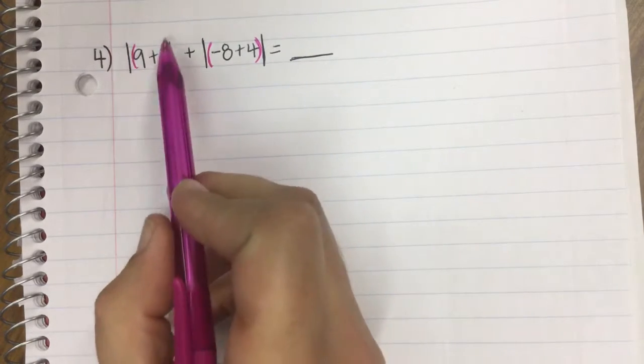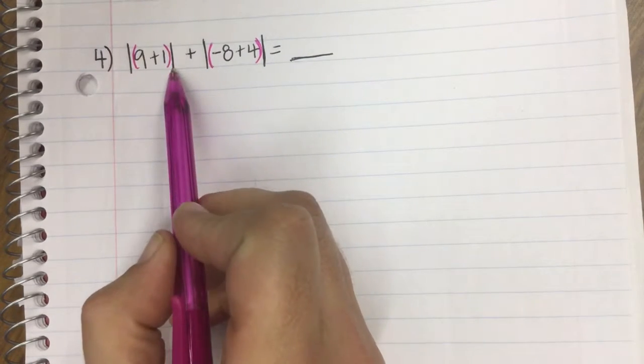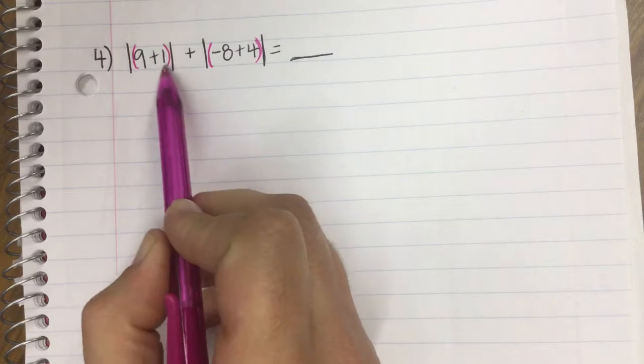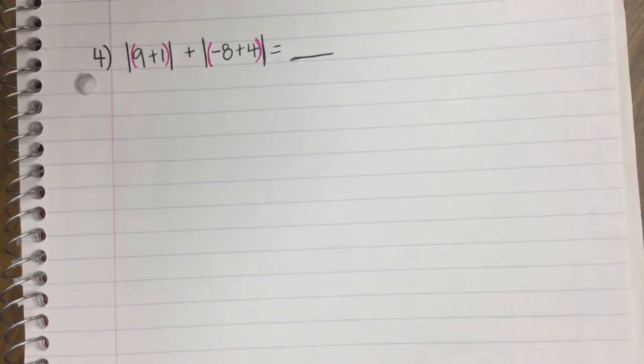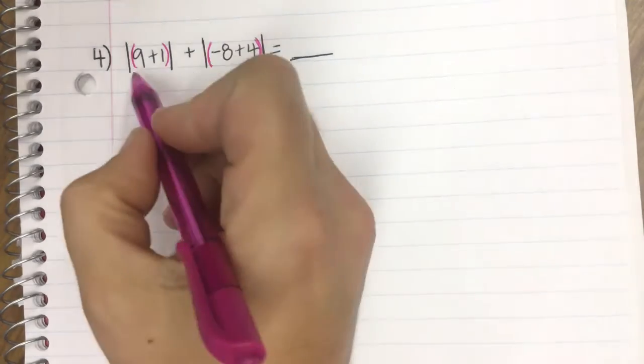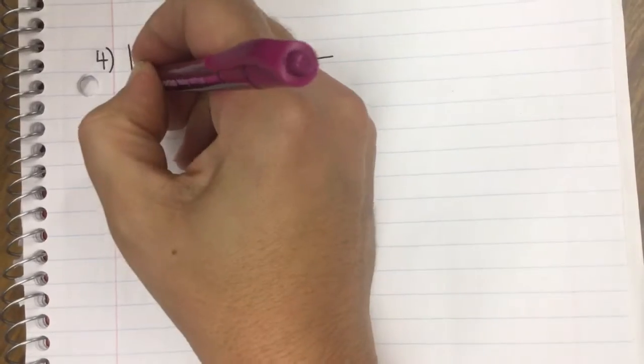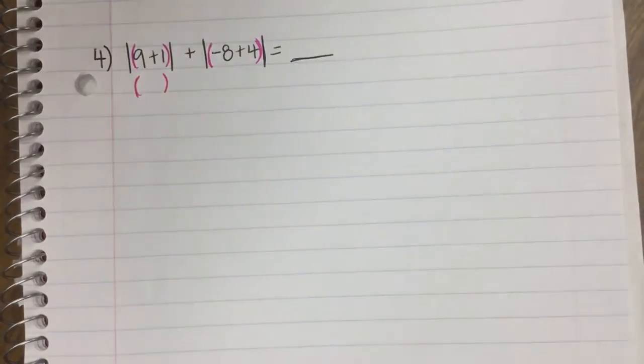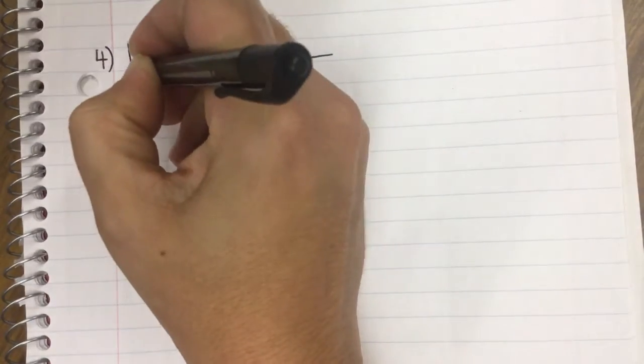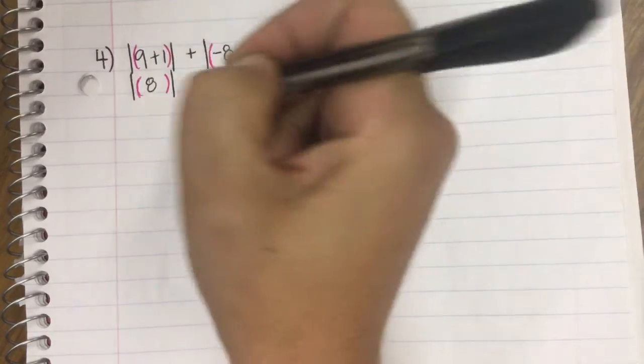Before I even worry about the distance of my road trip, I need to calculate what's inside of my parentheses. So I'm going to calculate 9 plus 1, that's pretty easy for me. 9 plus 1 is 8, still within my road lines there.